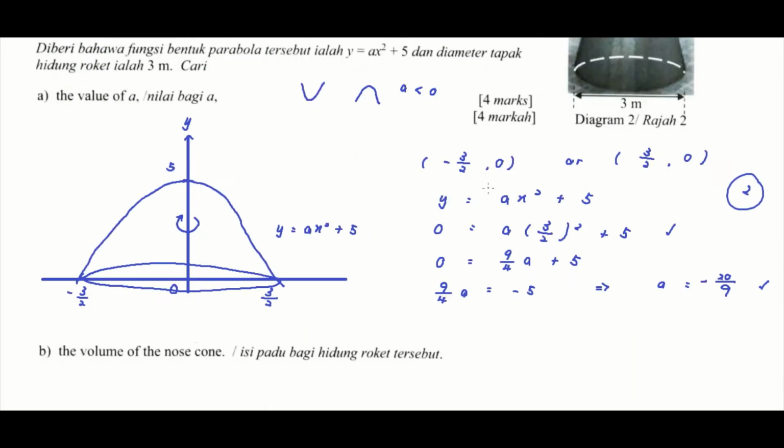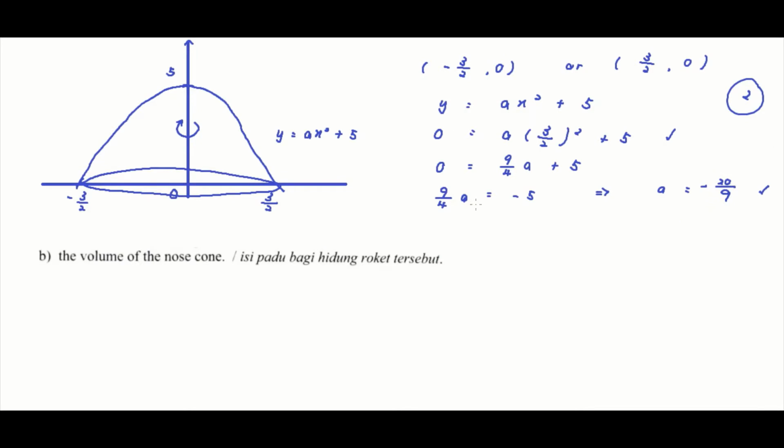Since it's revolved about the y-axis, we will use the formula: volume equals pi, then x squared dy. If you can recall, because this is revolved about the y-axis, you will use dy. Then if you use dy, it means that in your function it should be x squared.